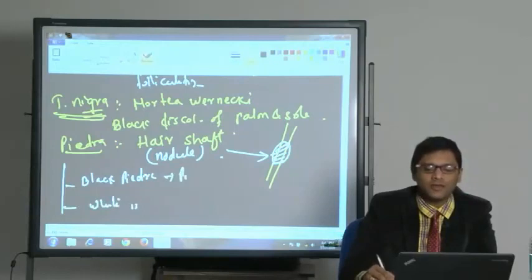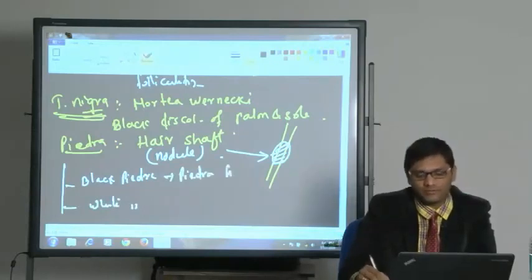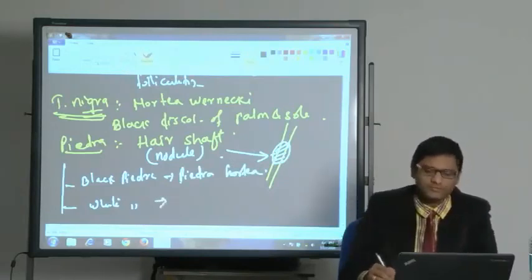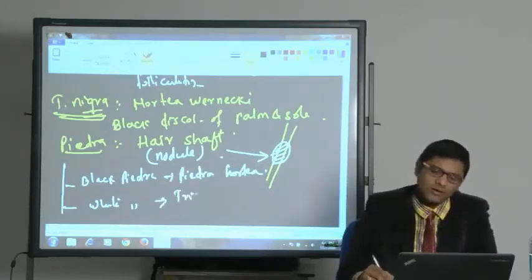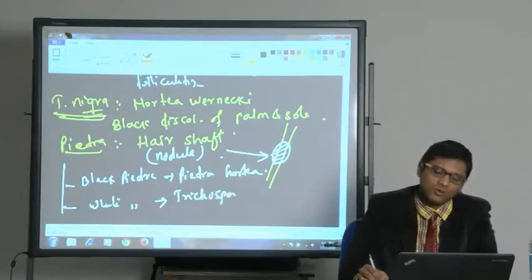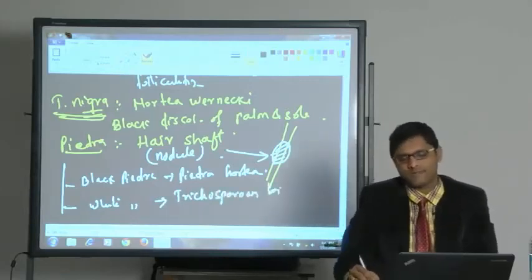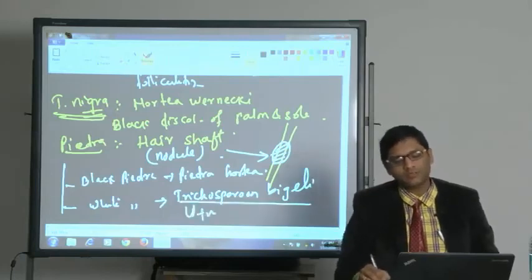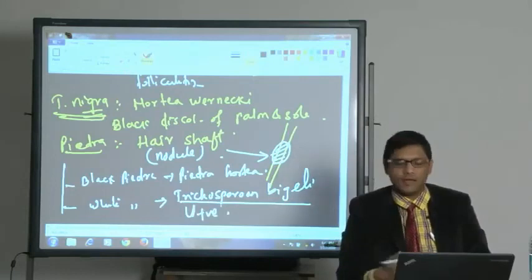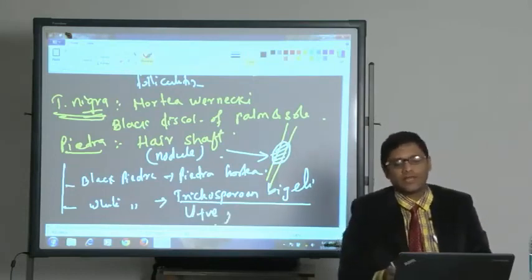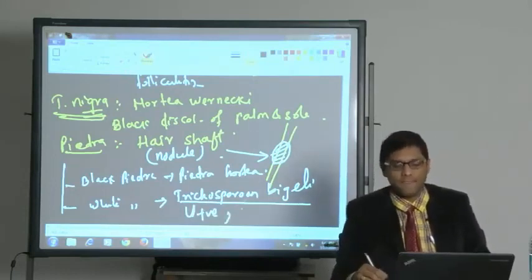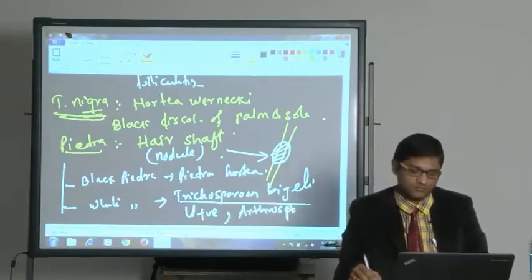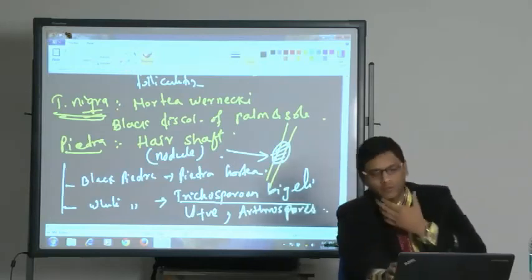Black Piedra is caused by Piedraia hortae, whereas white Piedra is caused by Trichosporon beigelii. It is a urease positive fungus. Apart from that, one more feature of Trichosporon beigelii: arthrospores will be produced.